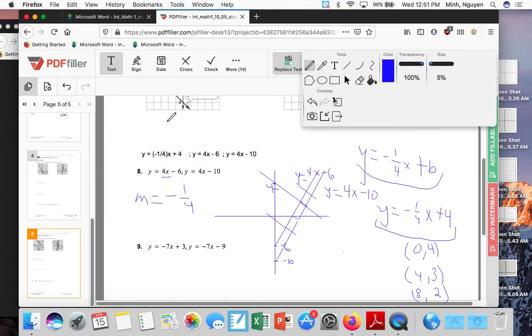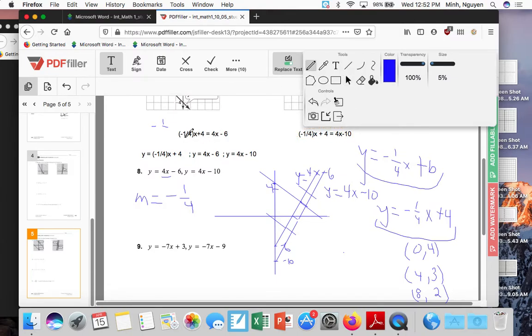I want to know where they're in the same spot, so I could say negative 1/4 x plus 4 is equal to 4x minus 6 to find out where they intersect. And then separately, after that, negative 1/4 x plus 4 equals 4x minus 10, the other line. So here's what that's going to look like.